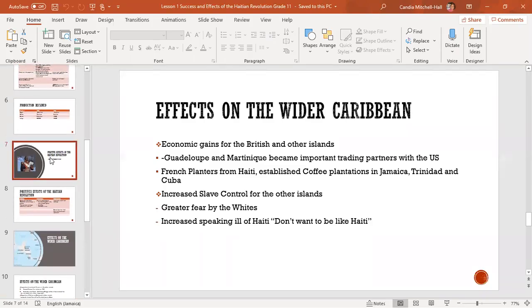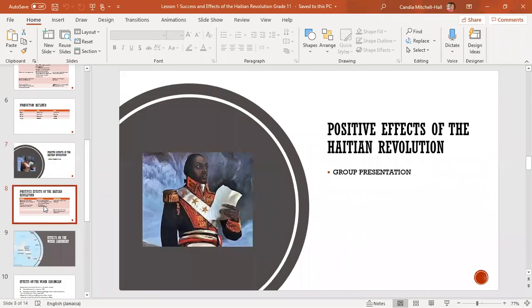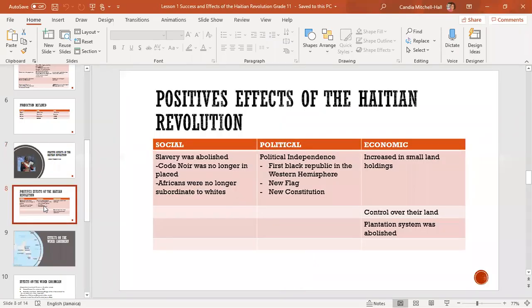All right. So for the positive effects, ladies, I'm going to go for the social: slavery was abolished. They have the Code Noir. What was the Code Noir? Sir, the Code Noir was the slave code for the French.